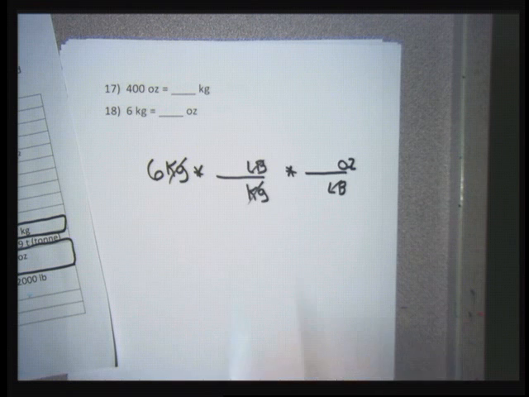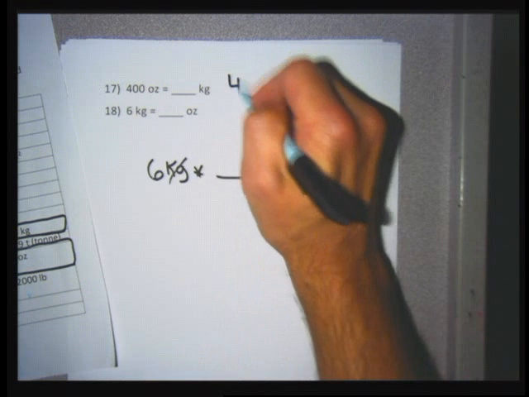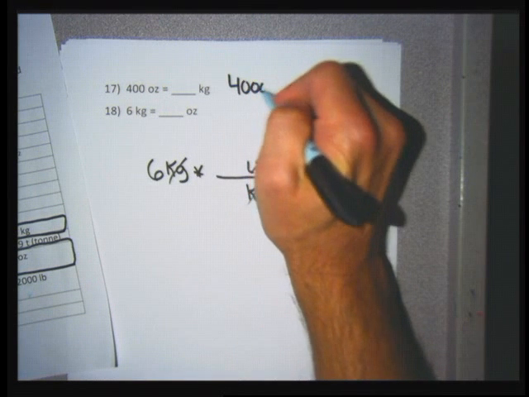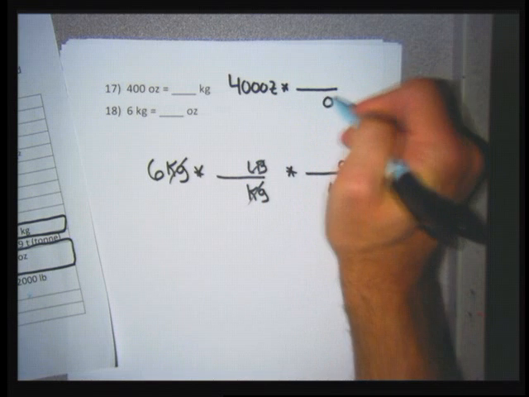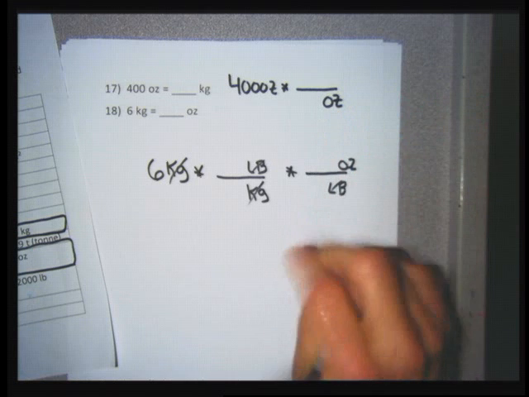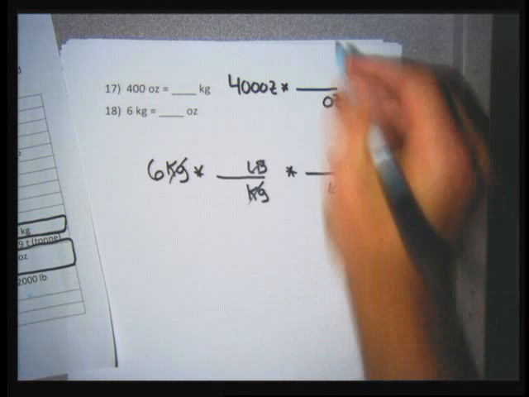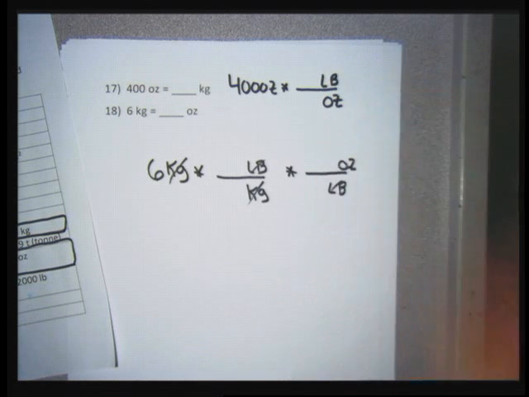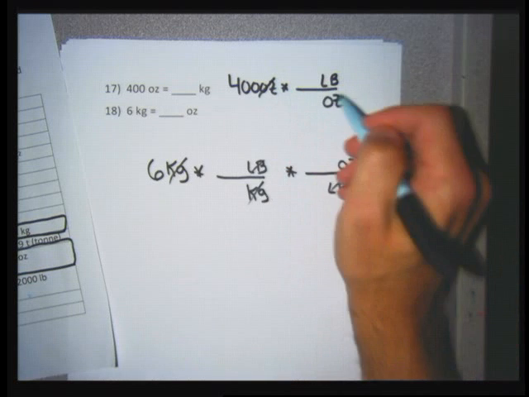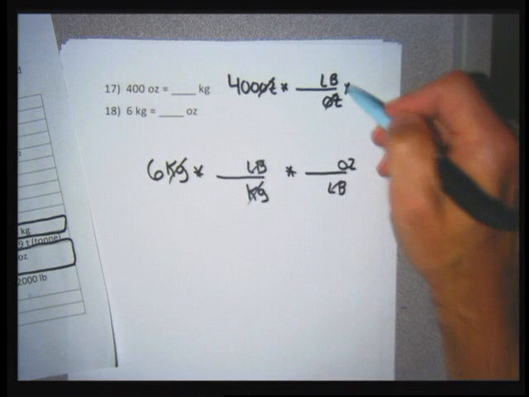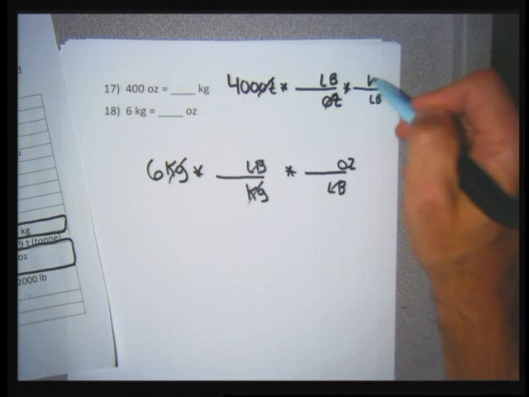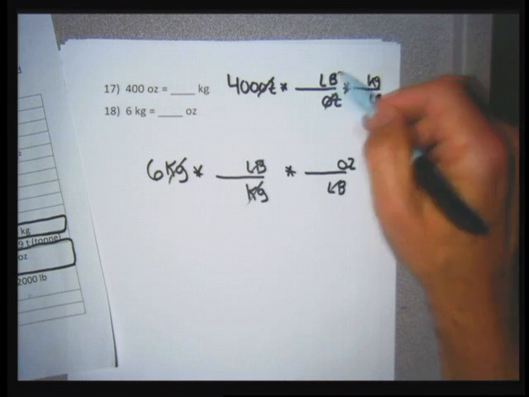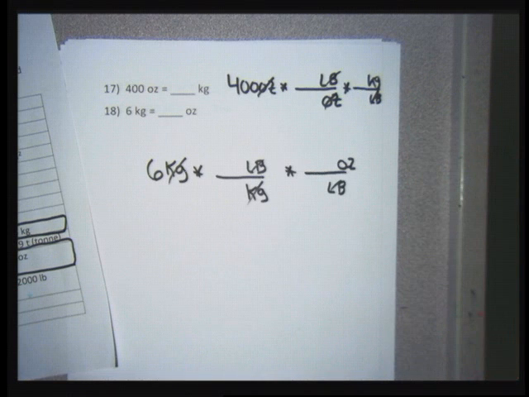For your number 17, the first fraction that you're going to have needs to get rid of the ounces, and you're going to use this one, ounces to pounds, and it's going to wind up with the pounds. That will cancel the ounces, and then you want to cancel the pounds. So you'd get pounds in the denominator and wind up in kilograms, and you put kilograms in the numerator. So if you insert the numbers and do the math, that's the units that you need.